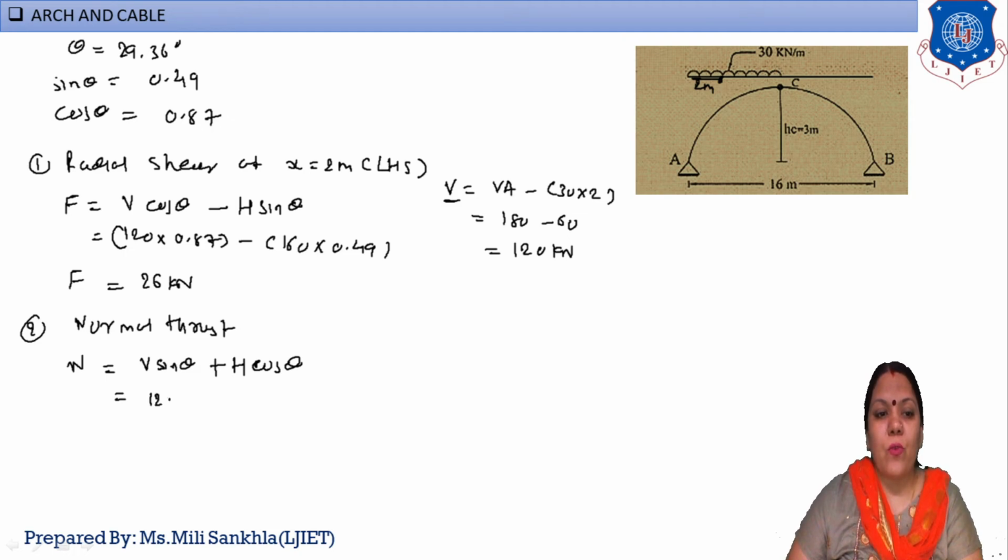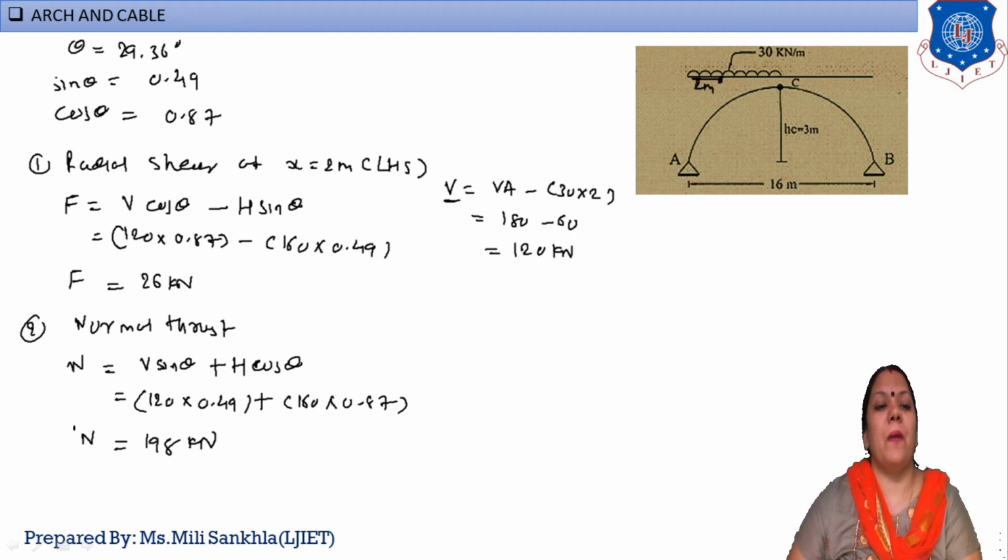V is equal to 120, sin theta is equal to 0.49 plus H is equal to 160, and cos theta is equal to 0.87, and normal thrust N is equal to 198 kilonewton. Okay, this is our answer of normal thrust, and here is our radial shear.